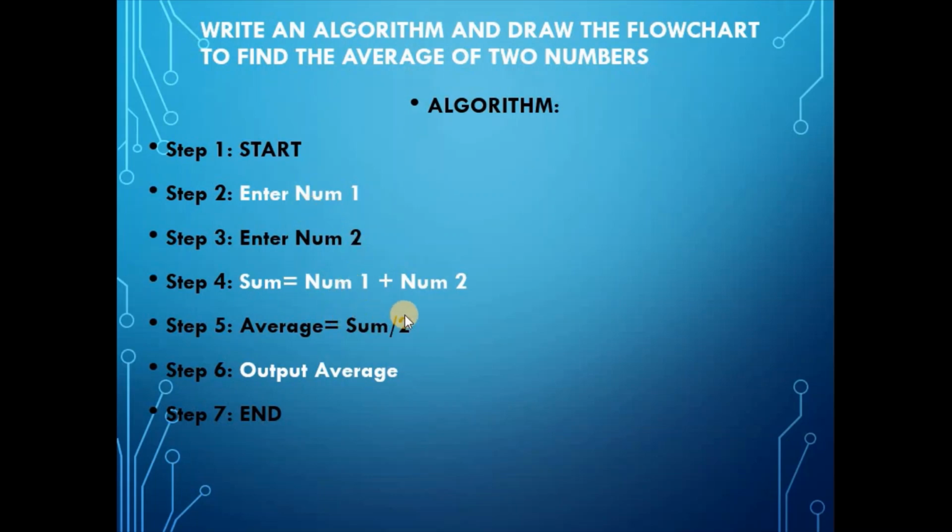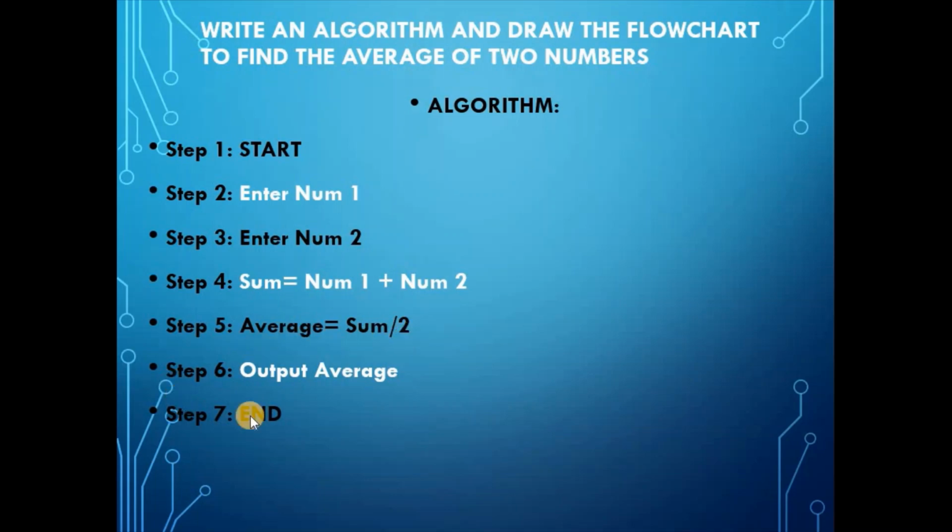Now I could have used average equal num1 plus num2, but that process would be too long, and because I already found what num1 and num2 was, I was able to just go ahead and use a keyword, which is sum, because it is the answer for num1 and num2. So again, the average was sum divided by the total numbers, which was two numbers. If it was three numbers that we used, then the figure here would change to 3.